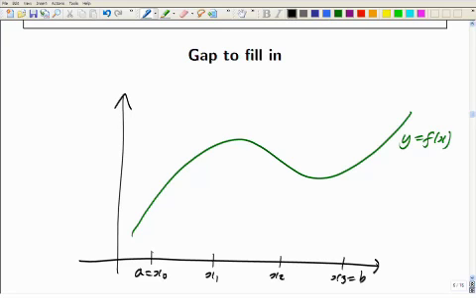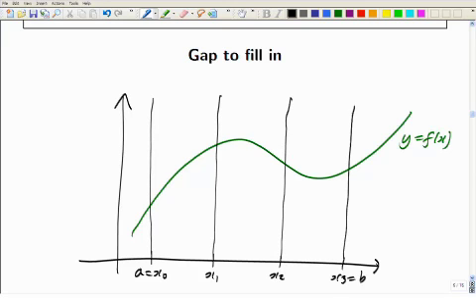Well, I have to put some vertical lines up. And now I've got to do the little m's and the big M's. So I've got to estimate from above and from below. Well, on the first interval, that's going to be m1 of P, f. So again, P equals x0, x1, x2, x3 here.